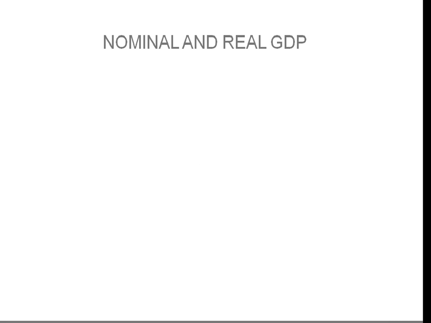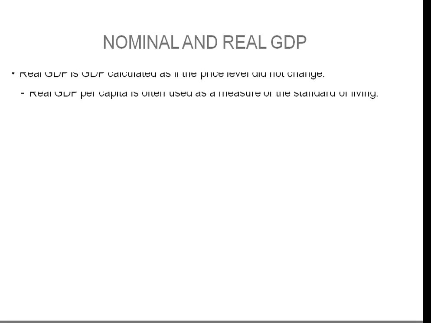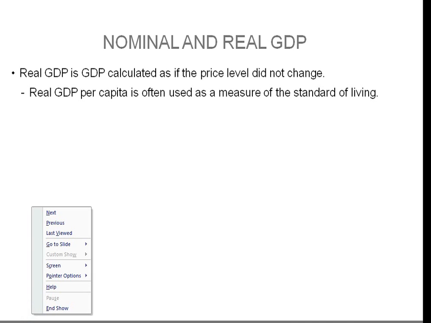Nominal versus real GDP. Real GDP is GDP calculated as if the price level did not change. When we calculate the GDP, we calculate price multiplied by quantity. Quantity is the production which we have in some time period.